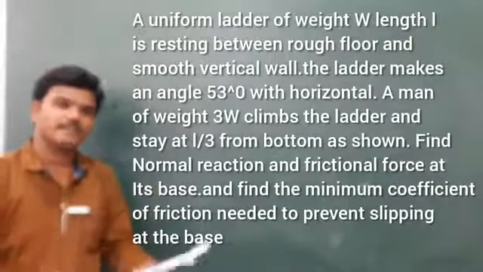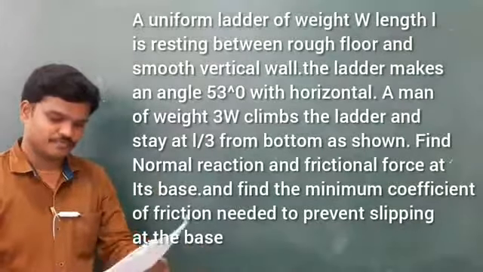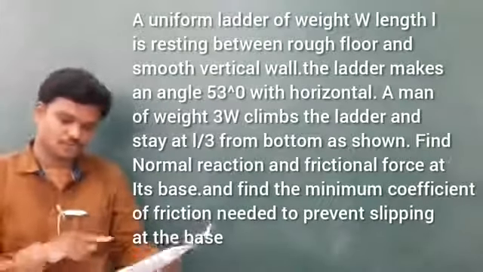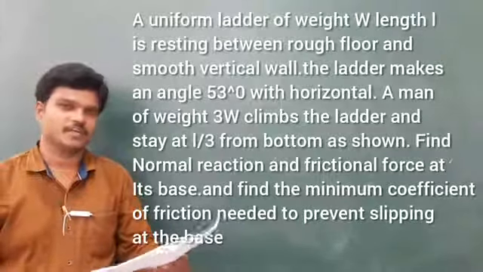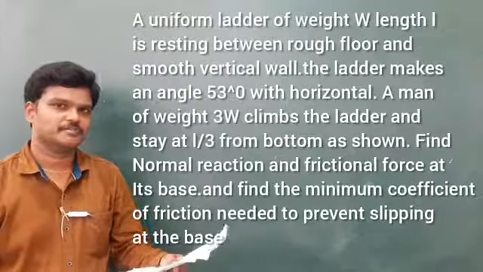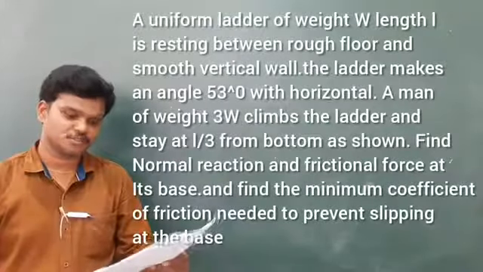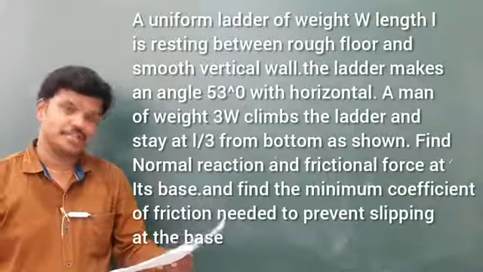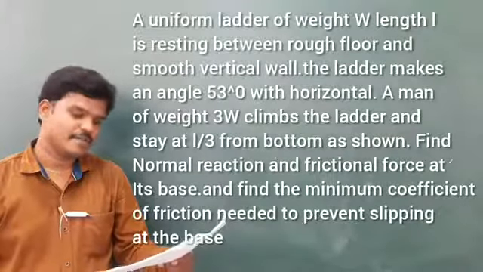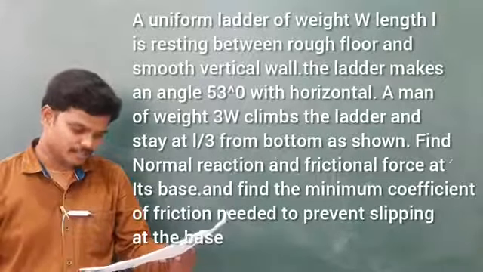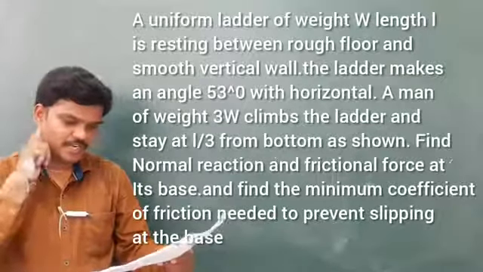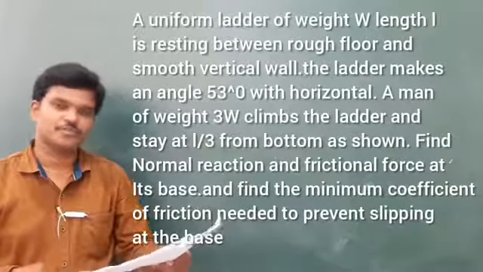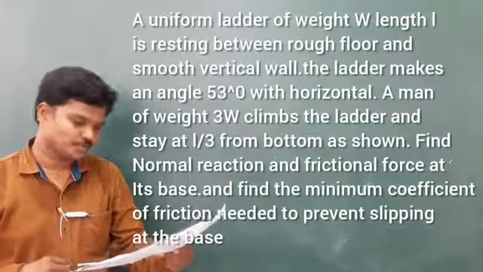A uniform ladder of weight W and length L is resting between a rough floor and a smooth vertical wall. So next also the same. Downside is rough, vertical is smooth. The ladder makes an angle of 53 with the horizontal, and a man of weight 3W climbs the ladder and stays at a distance of L by 3 from the bottom as shown.